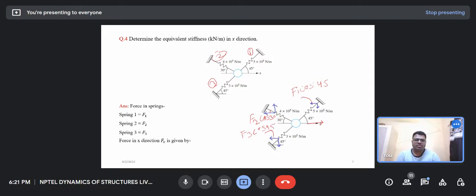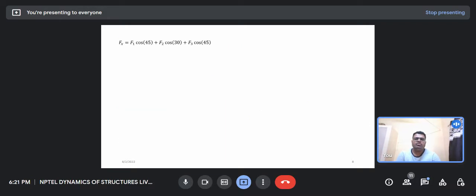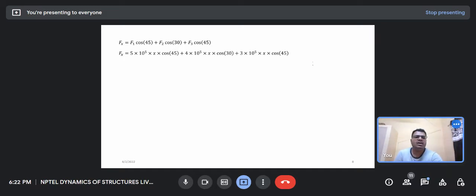If you add up, the total force in the x direction would be F1 cos 45, F2 cos 30, and F3 cos 45. And if you put in the value of F1, what is F1? F1 is k into x, and similarly for F2 and F3.